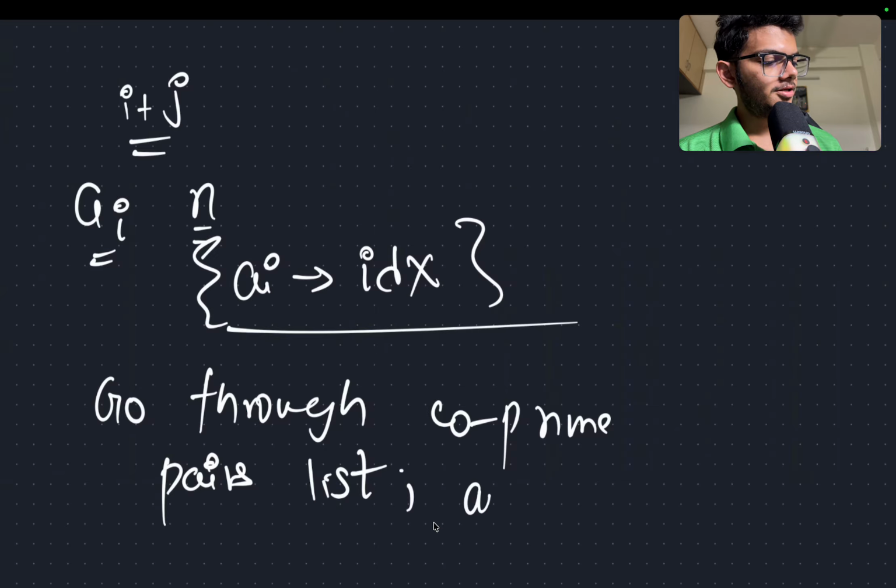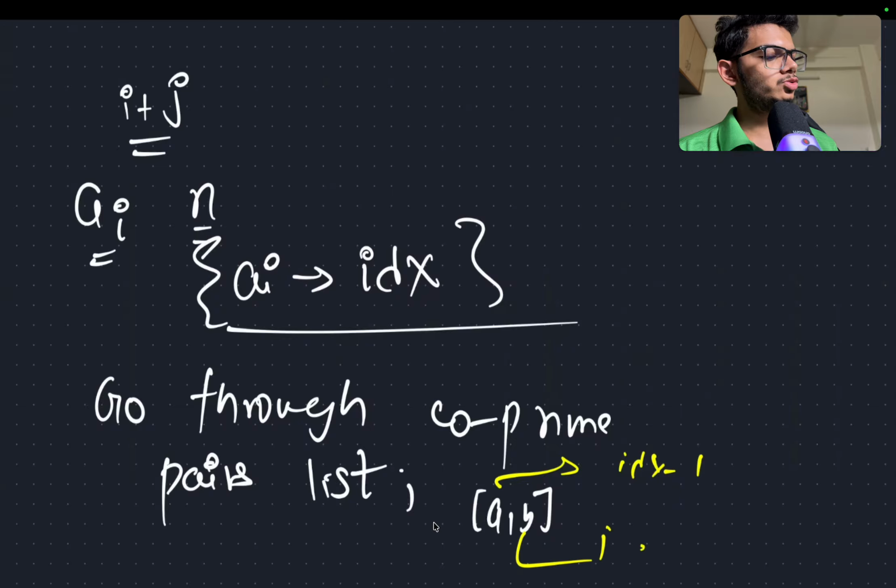Let's say the current pair is some a, b, and if you can find that there are some valid index 1 and index 2 existing in your array, then you can update your answer, right? You can have answer here, initialized to -1 again.